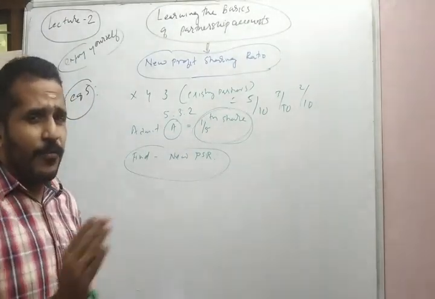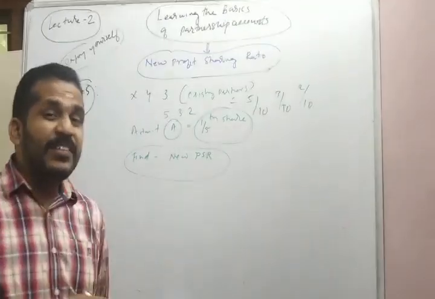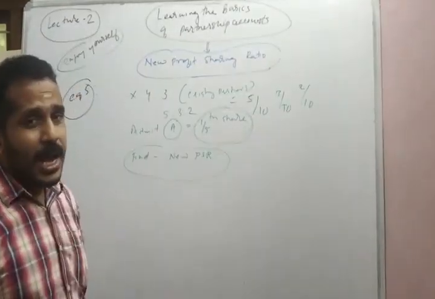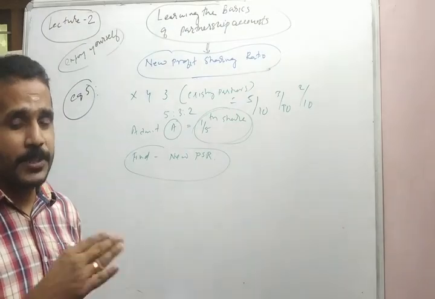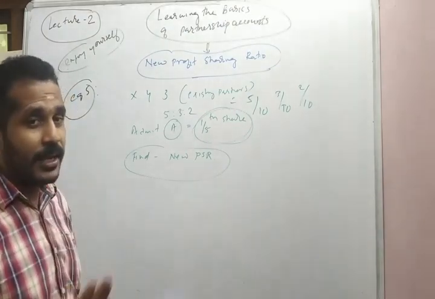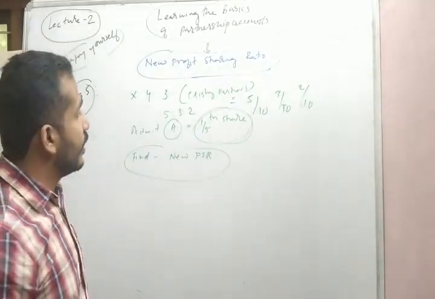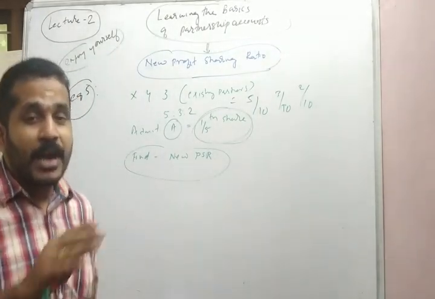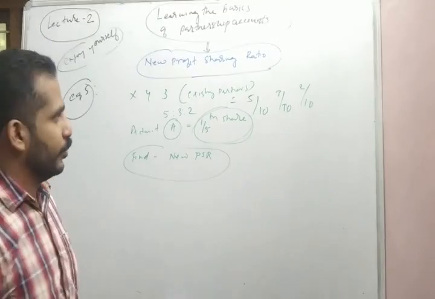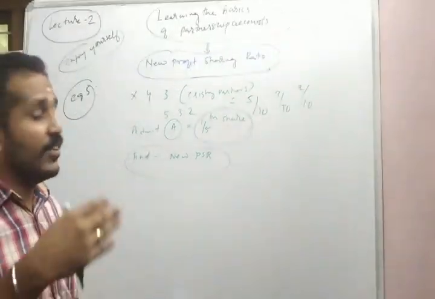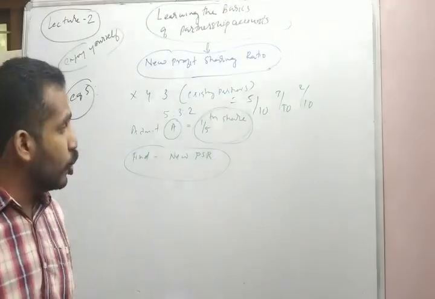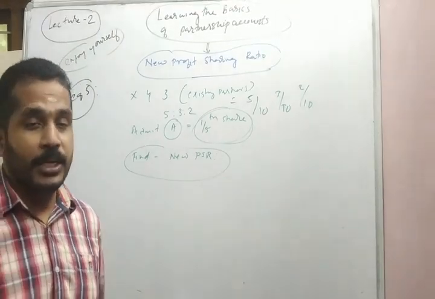So, what is the difference between this problem and the previous problem? Unlike in the previous problem, there is no specification with regard to which partner has sacrificed his share to contribute to the new partner.